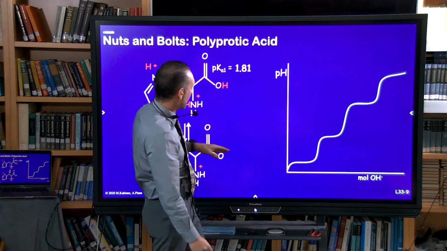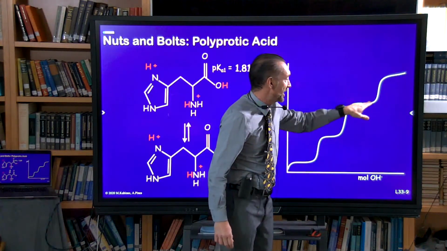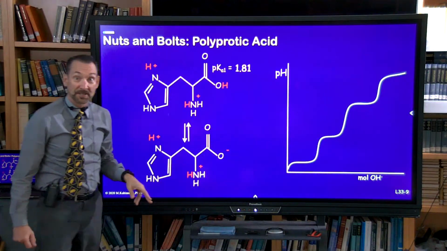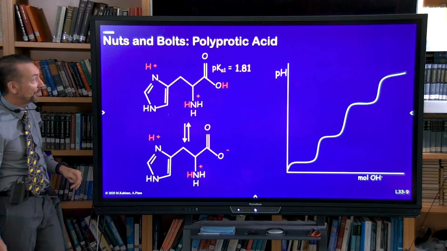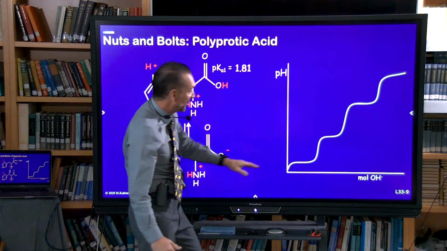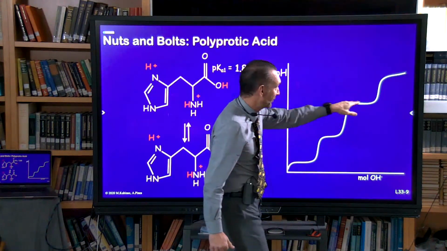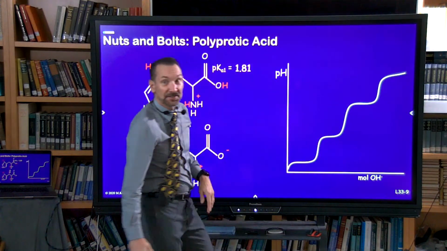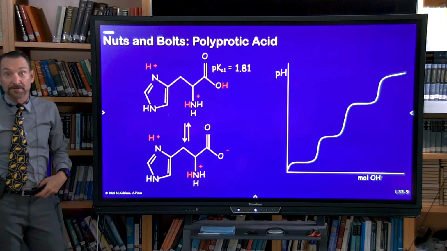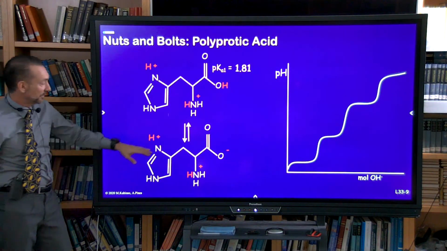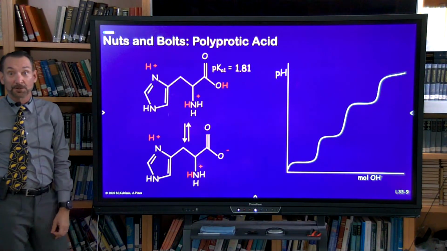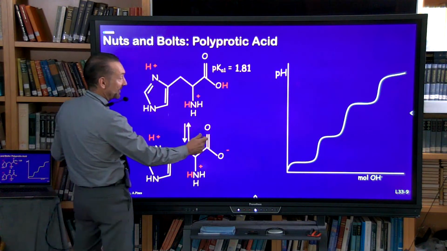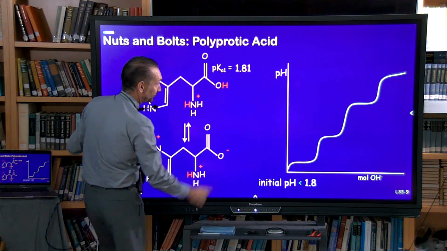And we know it has 1, 2, 3 steps because it's a triprotic acid. And we know 3 pHs for free. We know at each of these buffer regions, the pH is equal to the pKa of the predominant species on the molecule that is in equilibrium, half and half at those points.